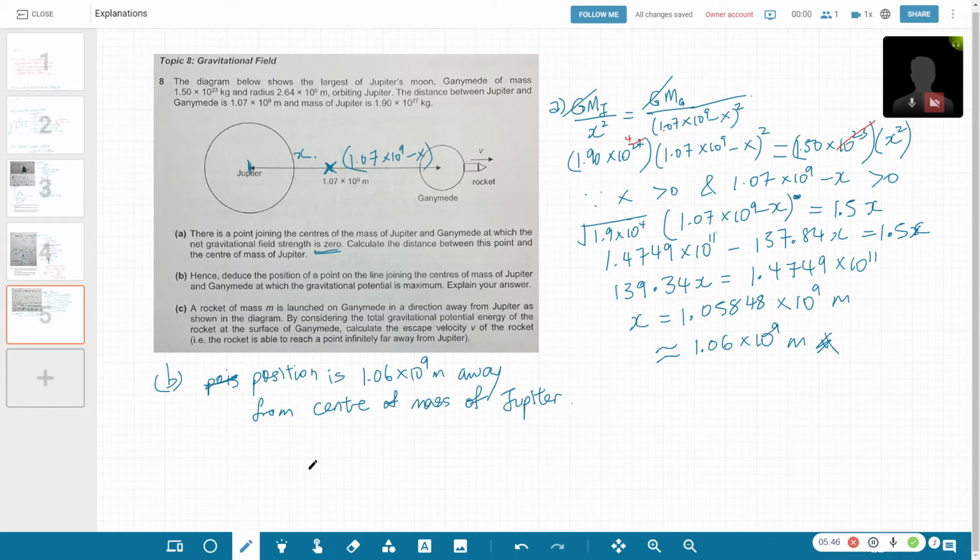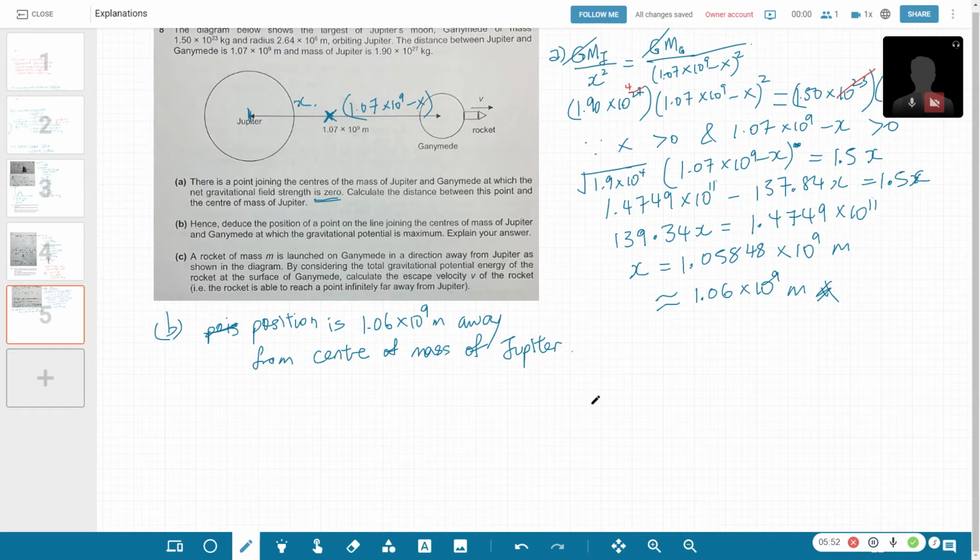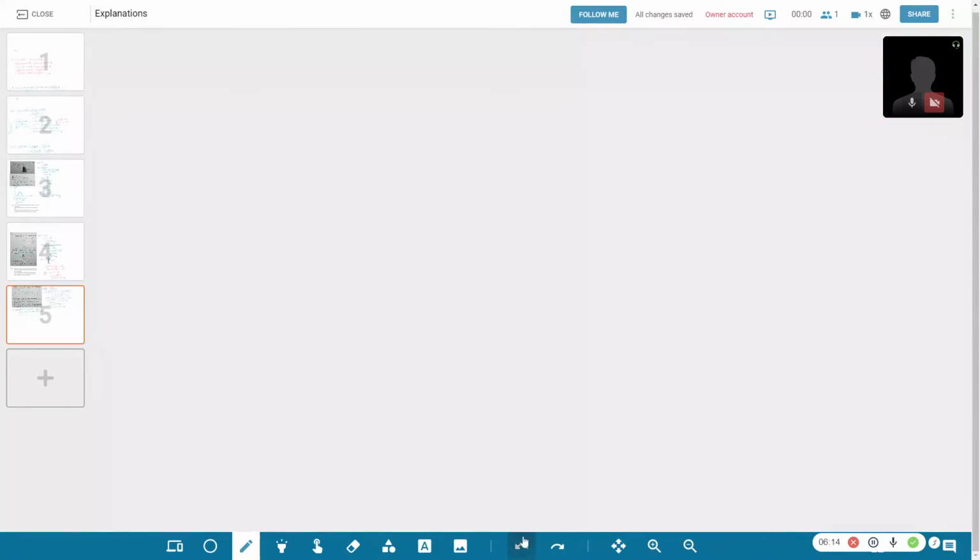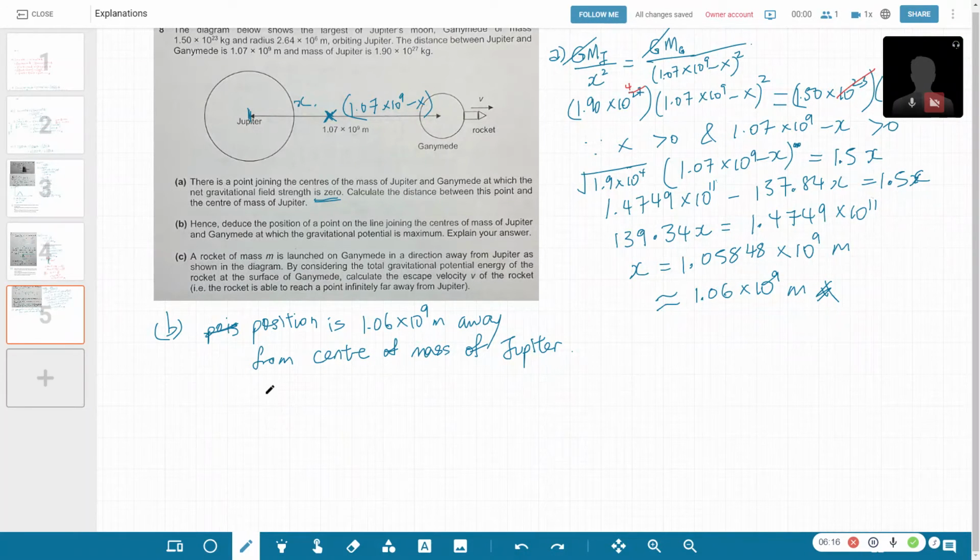Now you need to explain why. We can explain that the place at which gravitational potential is a maximum is at the neutral point. You could also use maths to explain.